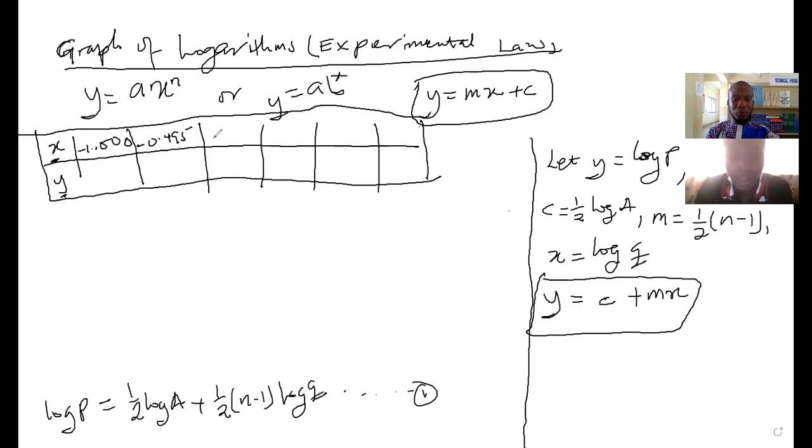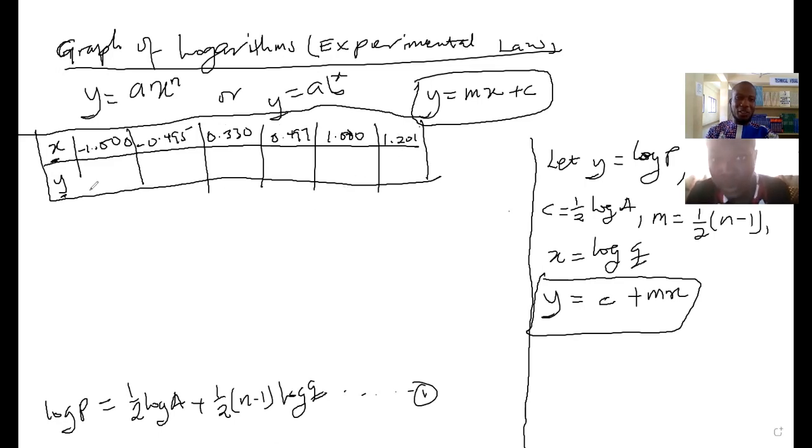The next one is 0.330. And the next one is 0.497. Okay. And the next one is 1.0. And the last one is 1.2014. So why is it that this one alone, you are doing it to four decimal places?